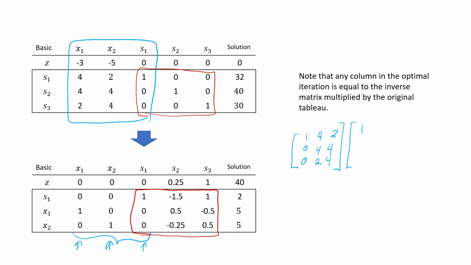Multiply it by this inverse matrix. What are you going to come out with? You multiply those, you will get the identity matrix. So I've been calling it the inverse matrix for this reason. It is the inverse of some of the columns in your original tableau.